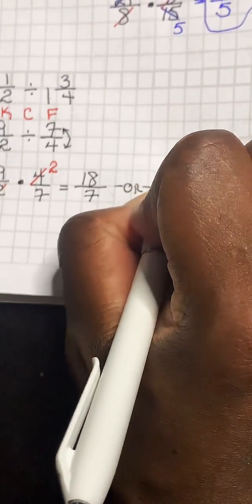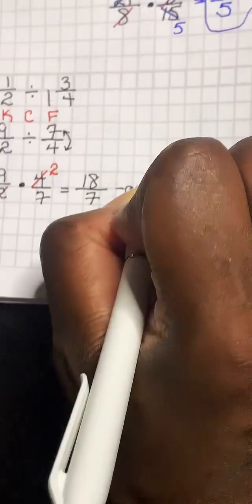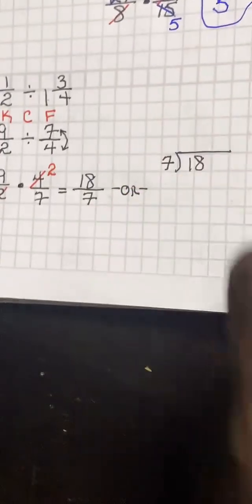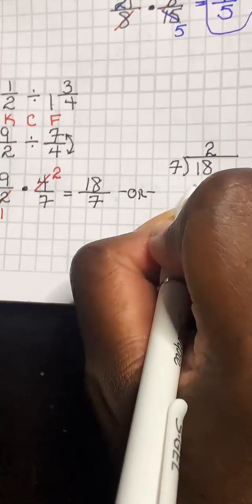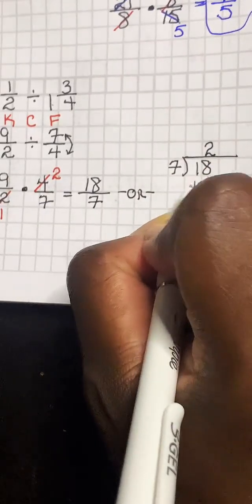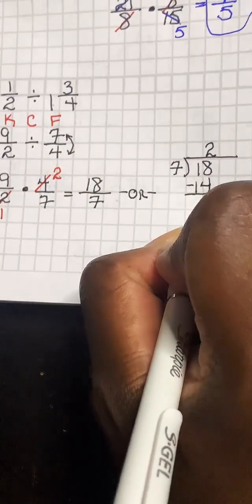And how we do that is we simply divide. Okay, how many 7s can go into 18? Well, that's 2. 2 times 7 gives me 14, and 18 minus 14 gives me 4.